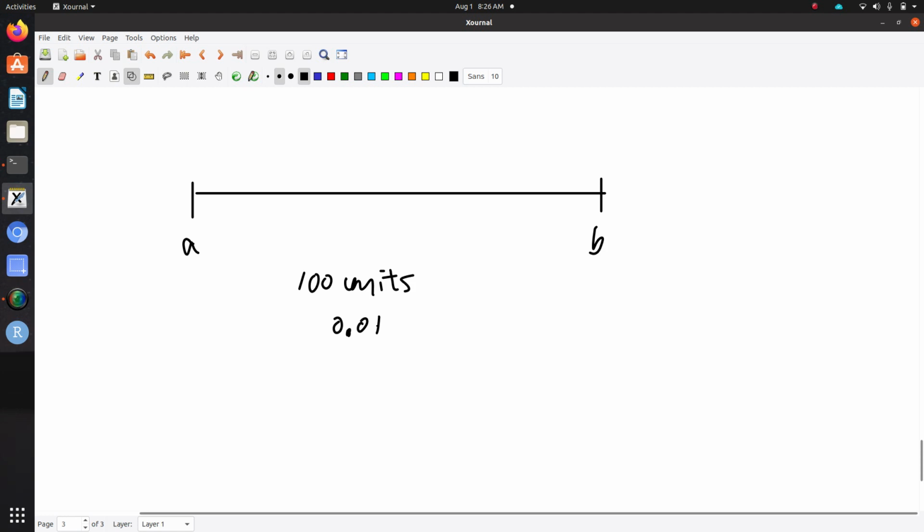Well, after the first iteration, you're down to 50, and then after the next iteration, you're down to 25. So you're going to solve some kind of 2 to the n problem, where 100 over 2 to the n is approximately equal to your tolerance, and you're going to solve for n. That's how you do this in theory.